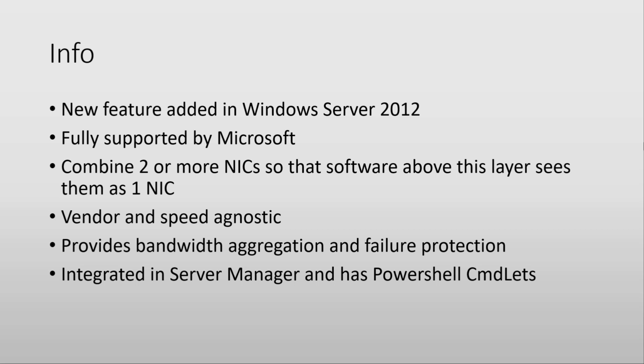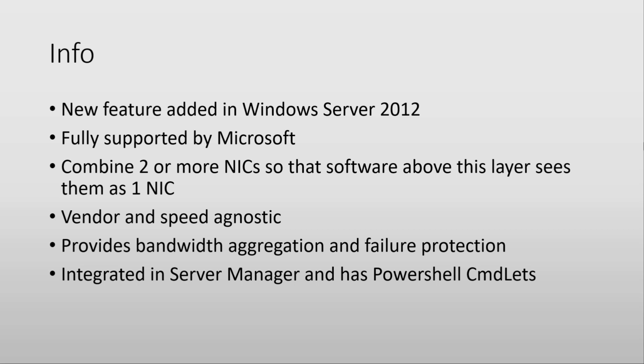And of course you could do this in order to have a bigger bandwidth, because it does bandwidth aggregation, or you would also want to have failure protection. Maybe you have two NICs and one of them will be in standby in case the first one fails. The teaming provided in Windows Server 2012 is vendor and speed agnostic.